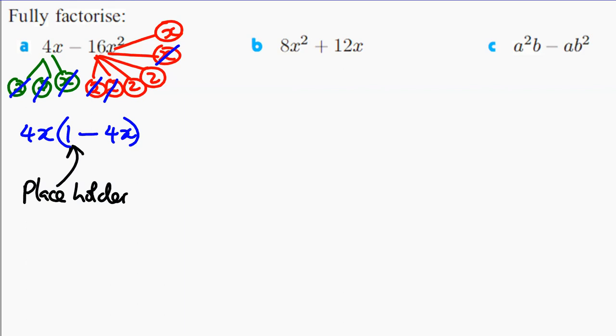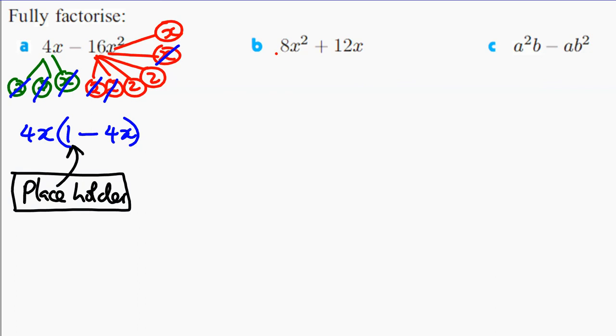Since you've used up all the factors, you have to place 1 there because it's the placeholder. That's very important. Otherwise, if you wrote 0, then when you expanded it you would not get what you had initially. Okay, so let's move on.